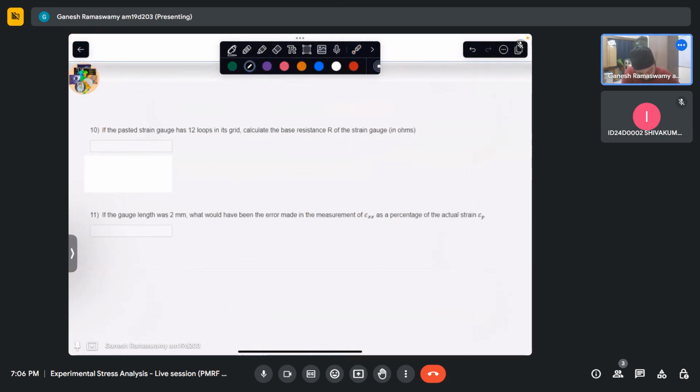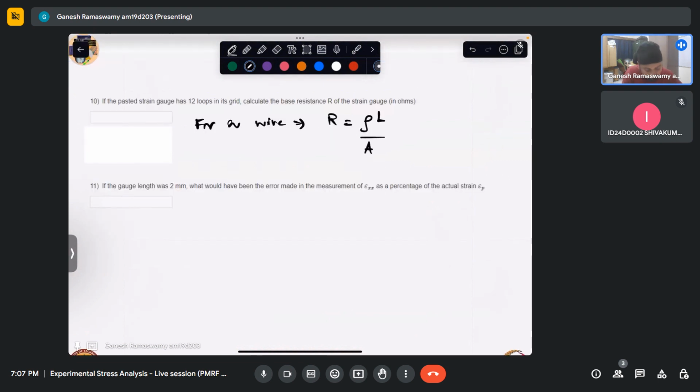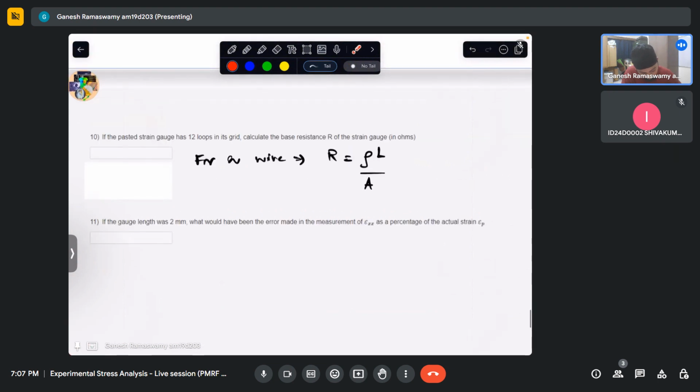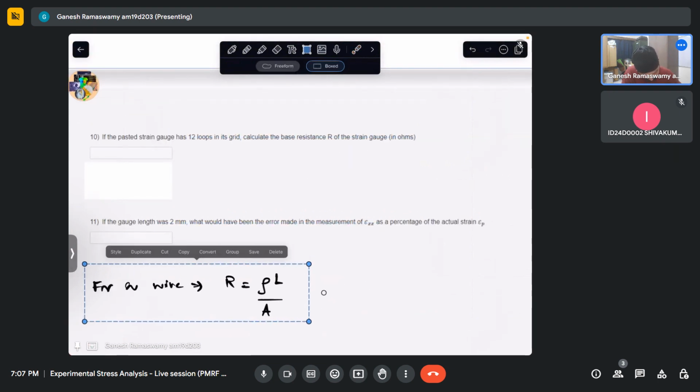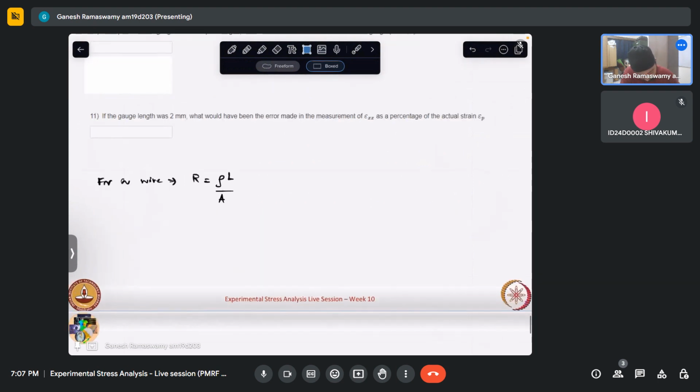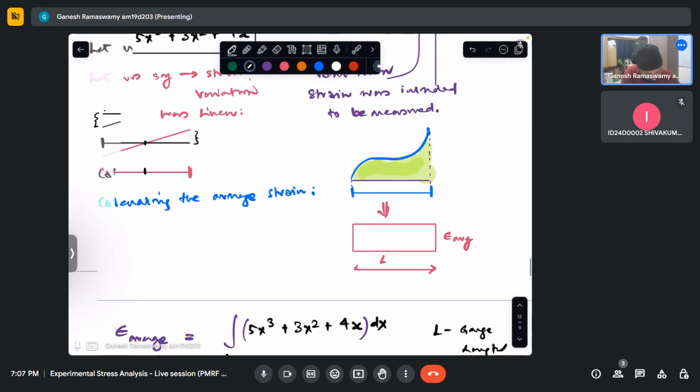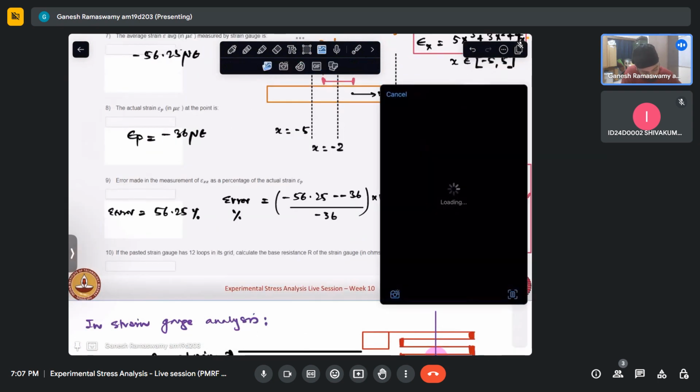Okay. So we know that for a wire, the resistance is given by rho L by A. Now for a strain gauge, it is a grid of wire, so we need to account for the entire length. So therefore, the resistance would be the specific resistance.